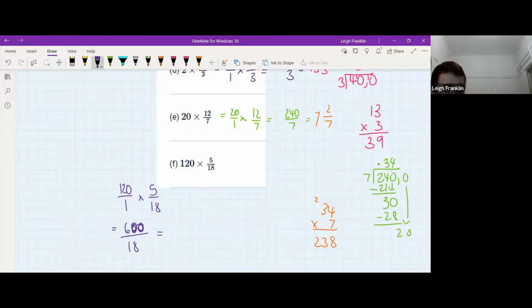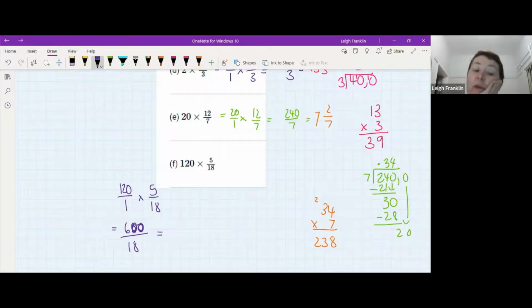I would simplify it. Okay, what would you divide the top and the bottom by? 18. Okay, but does 18 go into 600 exactly? Or would there be a remainder?